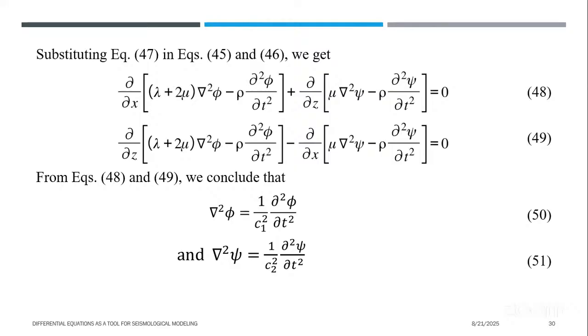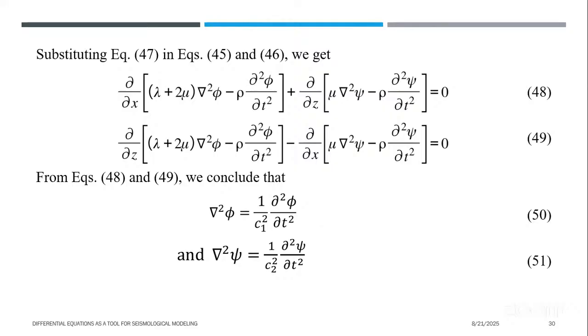Now we have to solve for phi and psi from 50 and 51. Again, we have to think of the propagation characteristic of the Rayleigh wave. We have already seen the pattern of its particle motion. But what is the pattern of its wave motion? Which kind of wave is it?